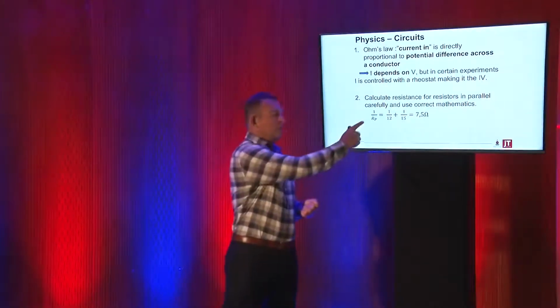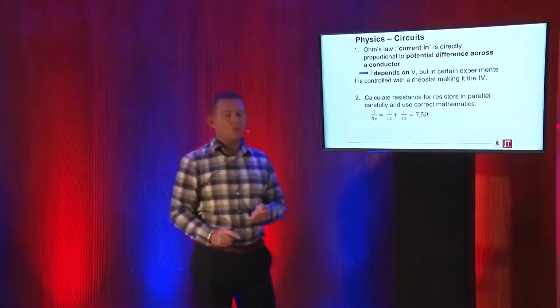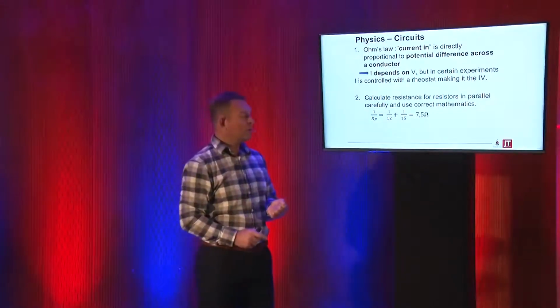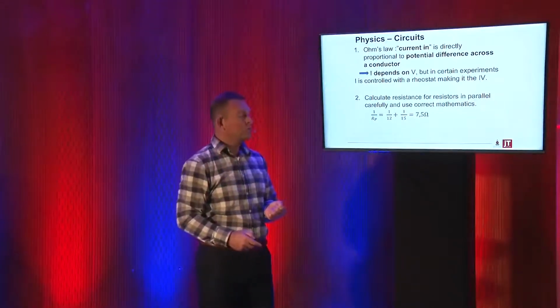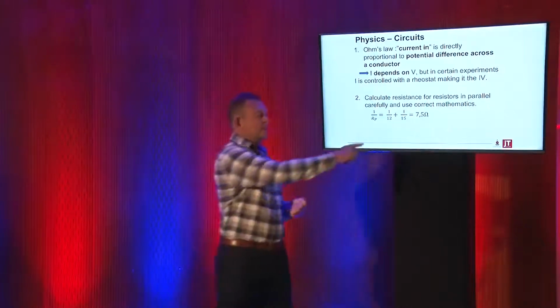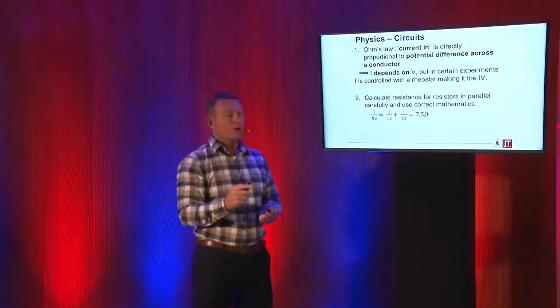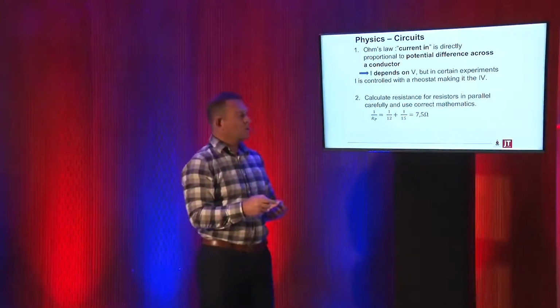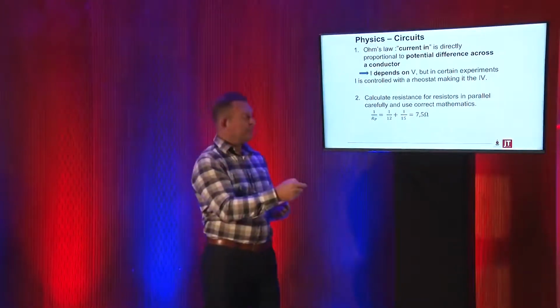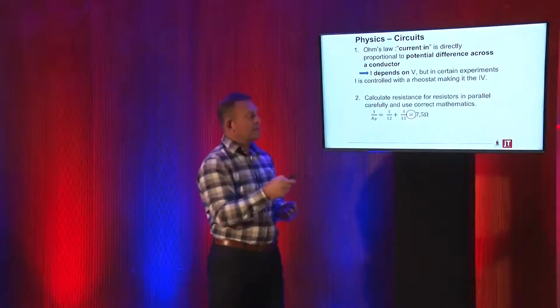Another common mistake in circuits is to calculate the equivalent resistance of two resistors in parallel. We all know the formula, 1 over R parallel equals 1 over R1 plus 1 over R2. But this is where the mistake comes in. It's in the mathematics. The answer is correct, but we have to correct this.